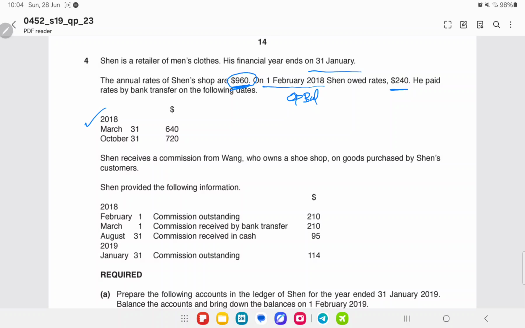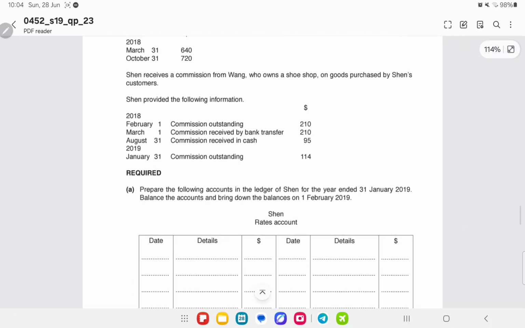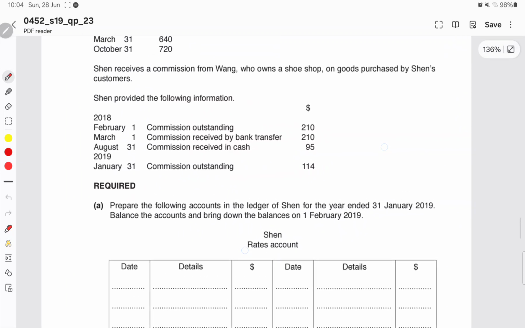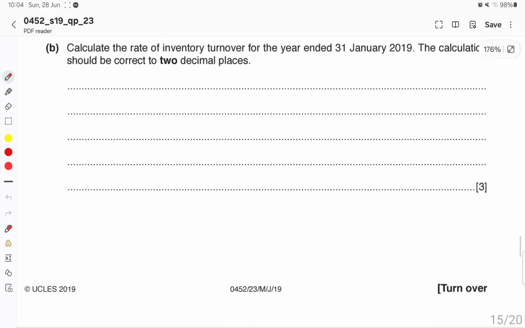So before going to this, we should understand some basic concepts of accruals and prepayments. Here, first of all, I'm just writing here. There are 4 types of adjustments.